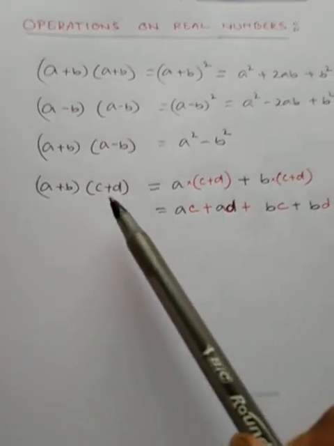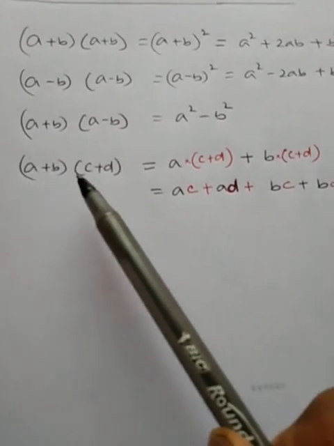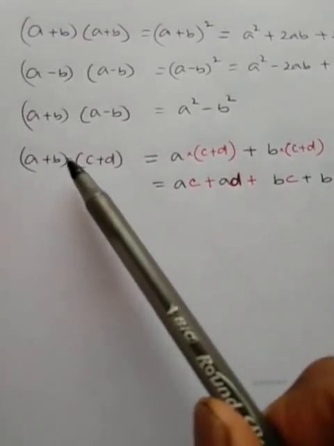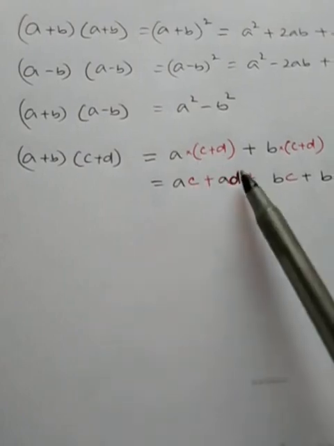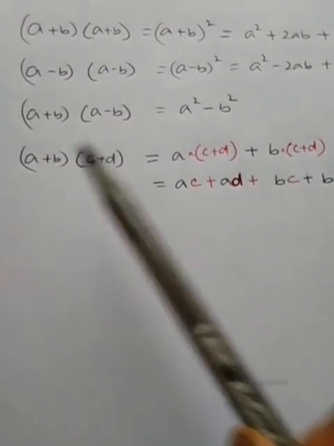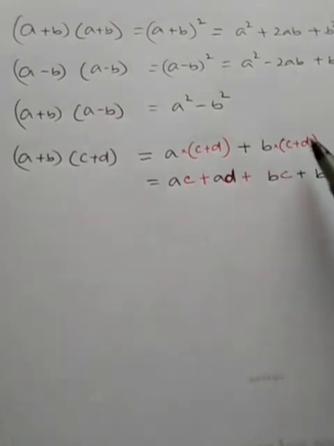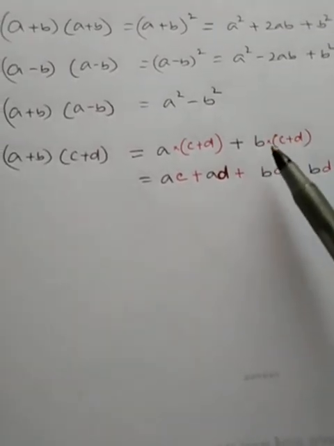So a will distribute with c plus d, a into c plus d, and plus b. If it is plus b, we write plus b; if it is minus b, we write minus b. So accordingly c plus d will be there with this part.